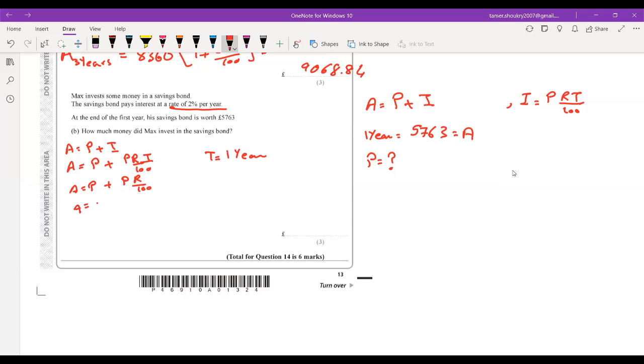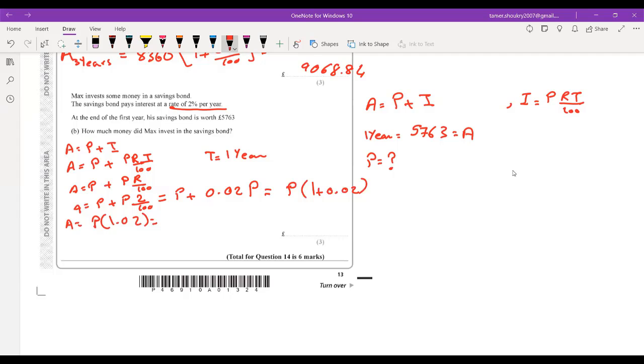So the amount is equal to the principal plus the principal multiplied by 2 over 100, which is equal to the principal plus 0.02 multiplied by the principal. We can take the principal as a common factor. So the principal times 1 plus 0.02. The amount is the principal multiplied by 1.02.